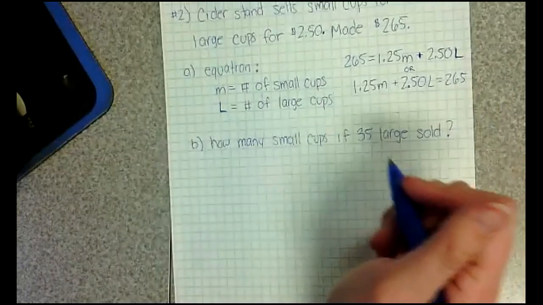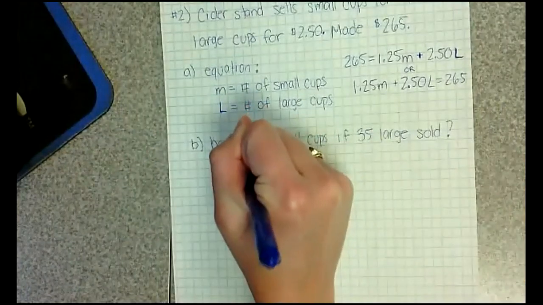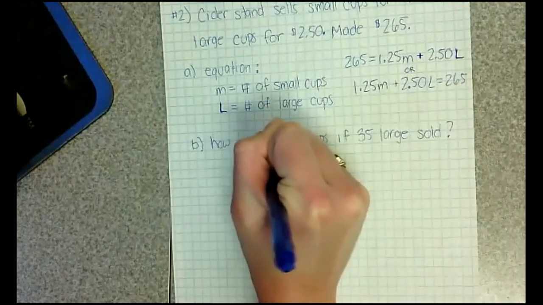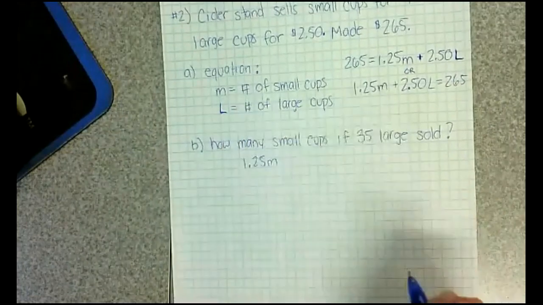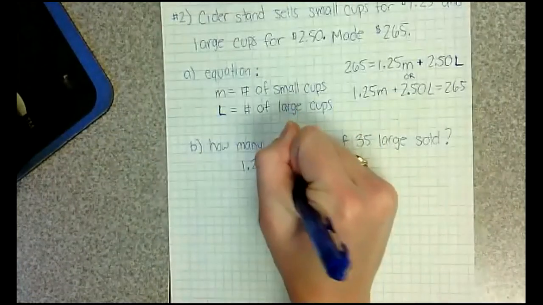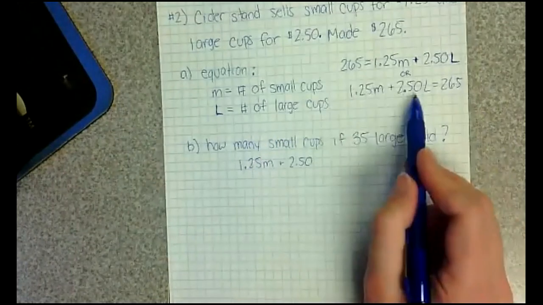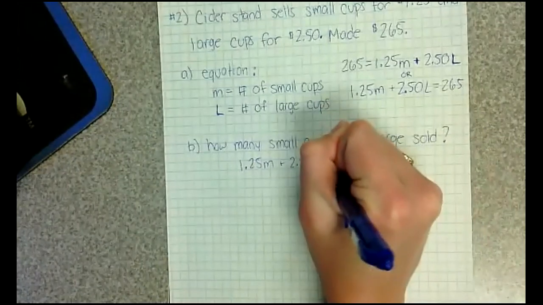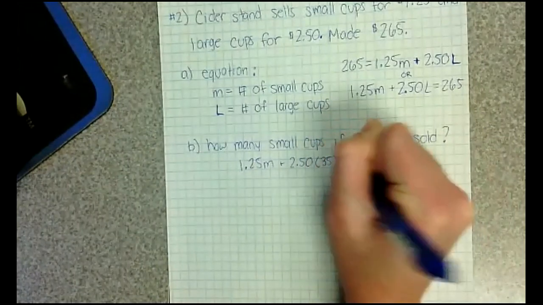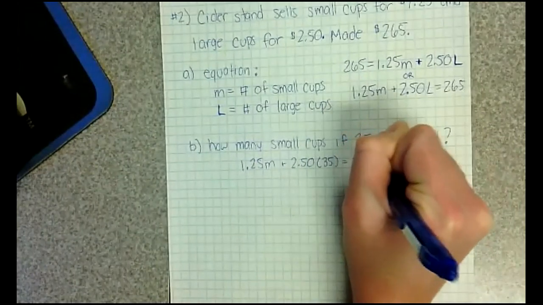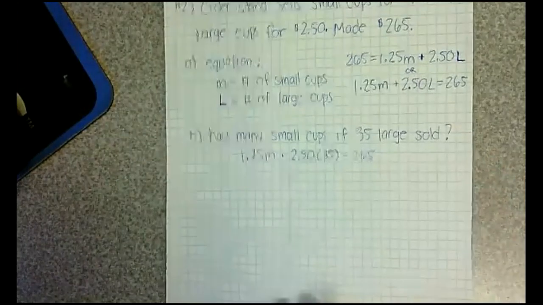Close, Salim. So I would still have 125N plus my 250 still there. But instead of L, I'm going to put 35 in its place. So this is what the new equation would look like.